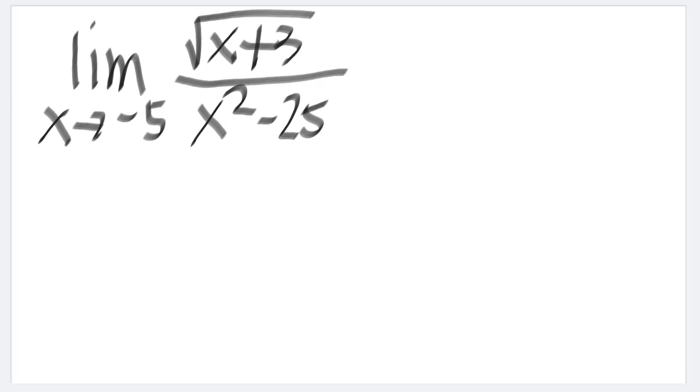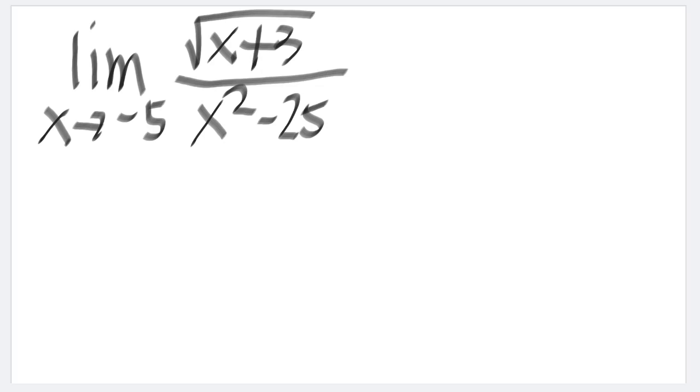If the limit is still positive or negative infinity, then we could say that x is equal to negative 5 is a vertical asymptote. Otherwise, if it is not, then x is equal to negative 5 is not a vertical asymptote.